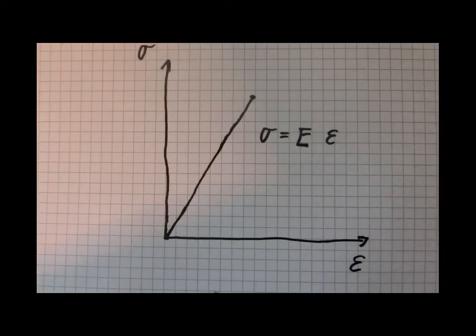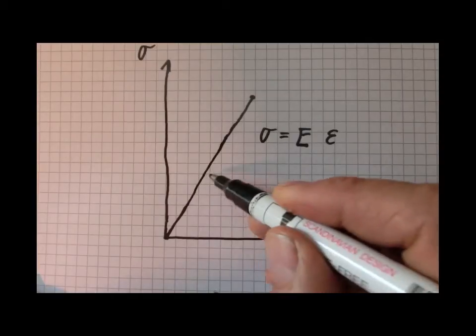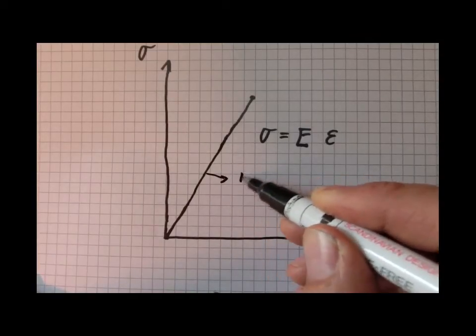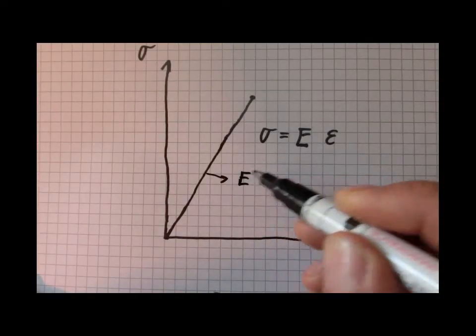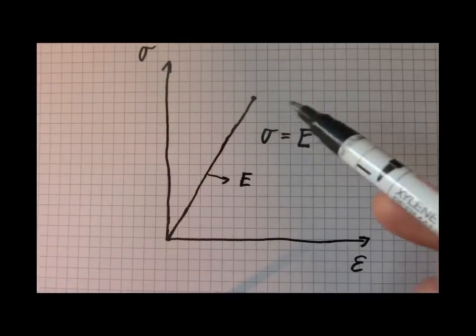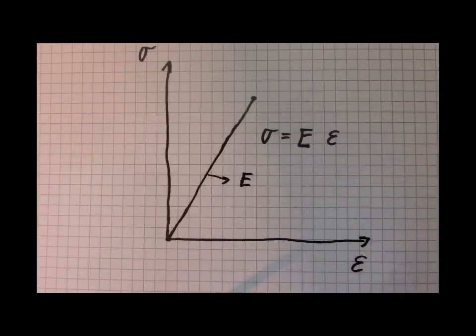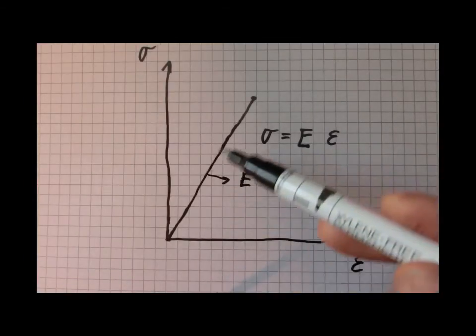It means that the slope of this line, which is equal to E, gives the stiffness of the material. This relation is called Hooke's law, and it's valid, as we see, as long as this line is linear, and is valid only in the elastic part of the deformation of the material.